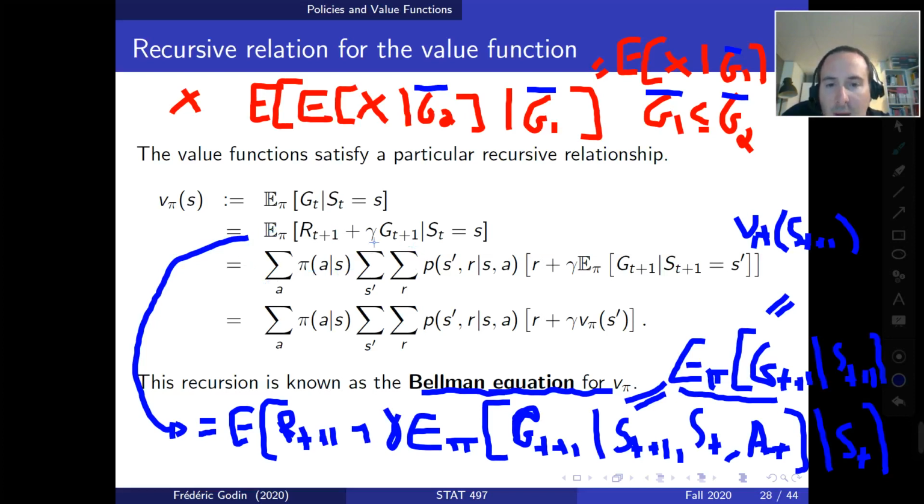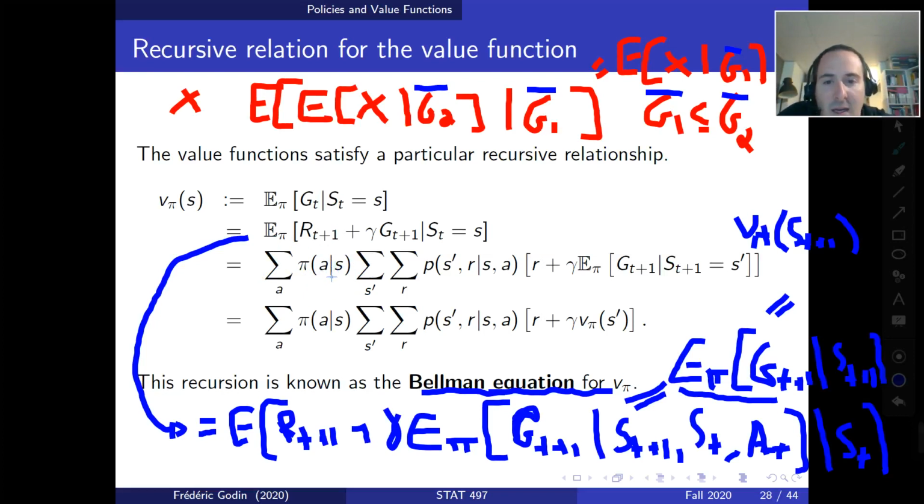Okay, so when we calculate this conditional expectation, we start in state S, then what happens next? We have to select an action A from our policy, so we have to sum across all possible values of A the probability of selecting each respective action.